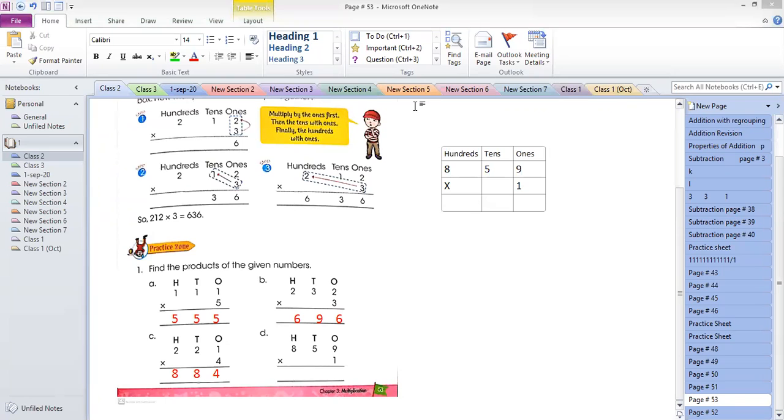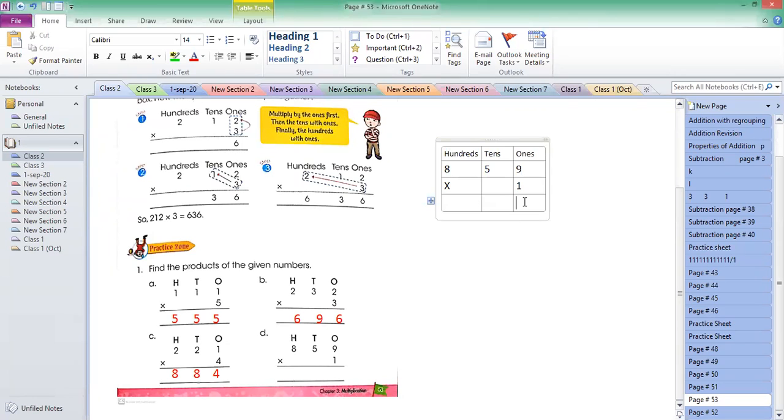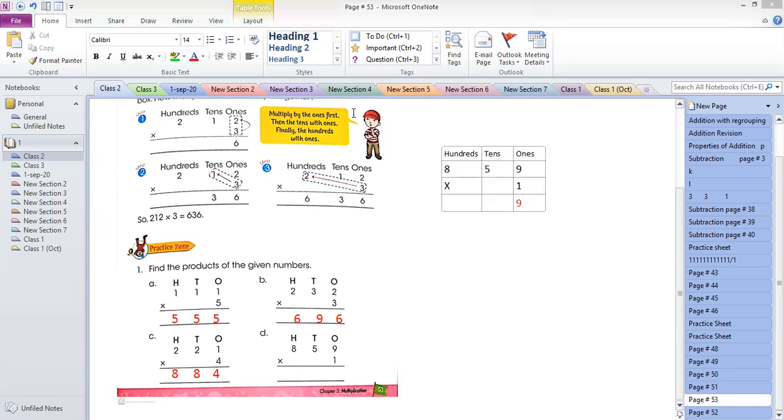Amjad Muhammad. What number should I write here? 9. Why? Yes. 9 multiplied by 1 equals 9. Very good, Amjad.